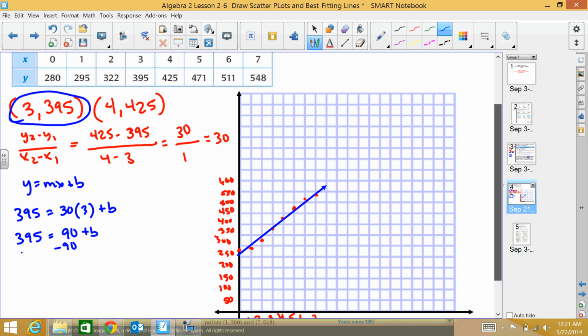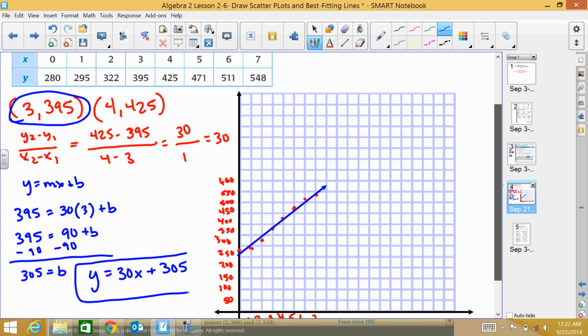Then I would subtract 90, so I would get 305 equals b. So from there, I would write my equation, y equals 30x plus 305, and that would be my equation of my best fitting line.